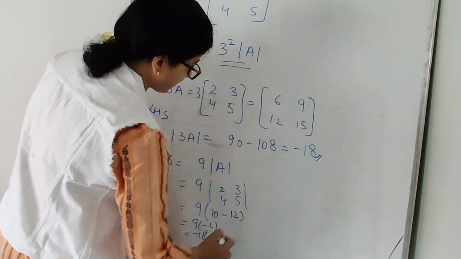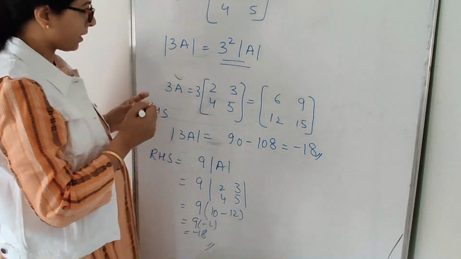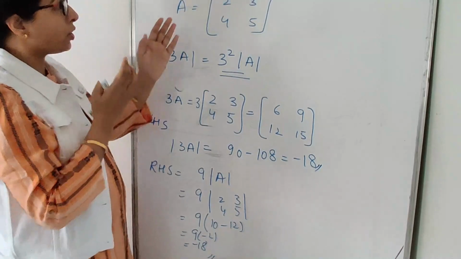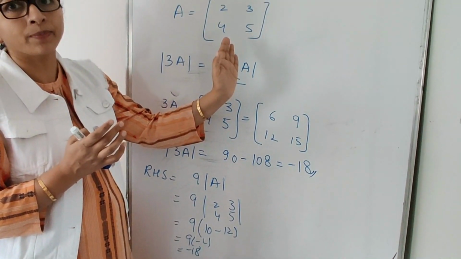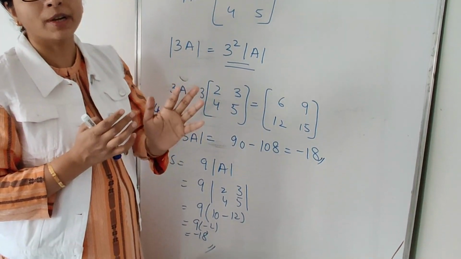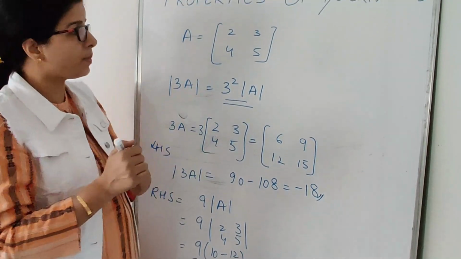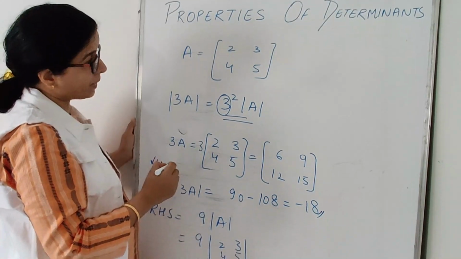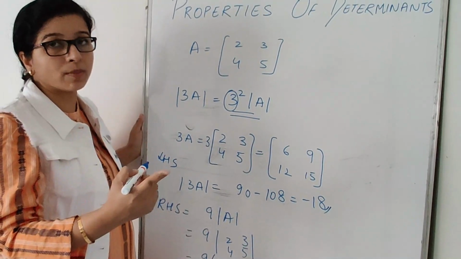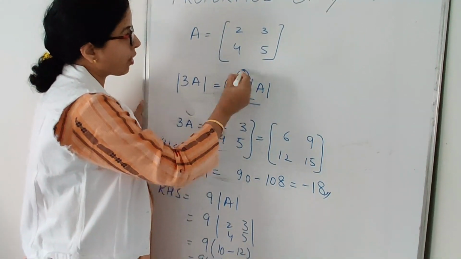So look at this, the value is the same. It means if your determinant is multiplied by any scalar throughout all the elements, then it will be equal to the scalar raised to the power of the order of the matrix, times the original determinant.